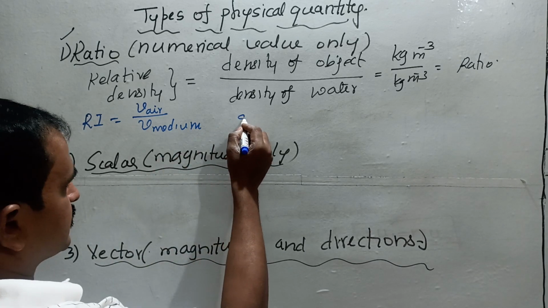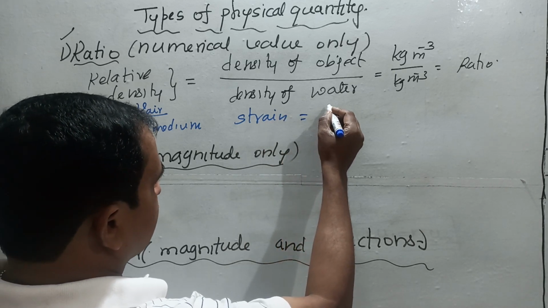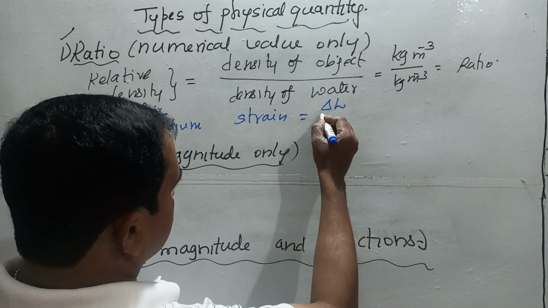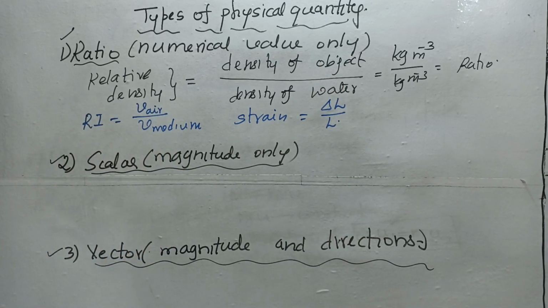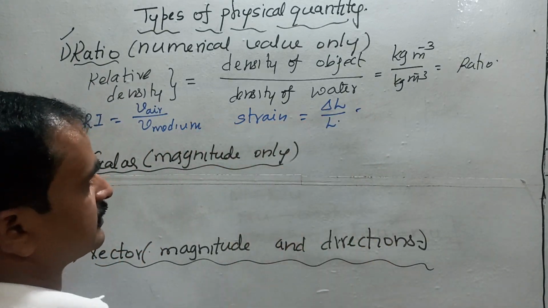In the same way, what is strain? Strain is given by change in dimension divided by original dimension. Dimension may be length or area or volume. It is also a unitless physical quantity.